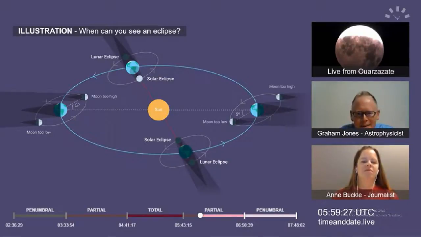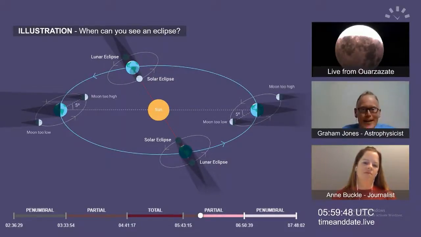The moon has gone through that darkest part of the Earth's shadow, but this is quite a rare thing. Normally, the moon is too high or too low, and for the moon to pass through completely the Earth's shadow, well, that's where we have to wait a long time. For this to happen again, we have to wait 2.5 years.